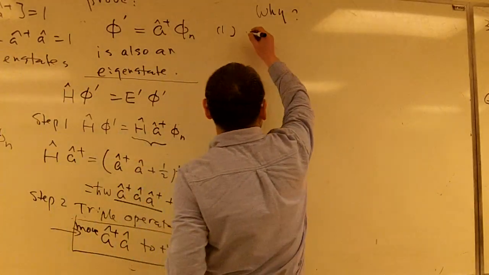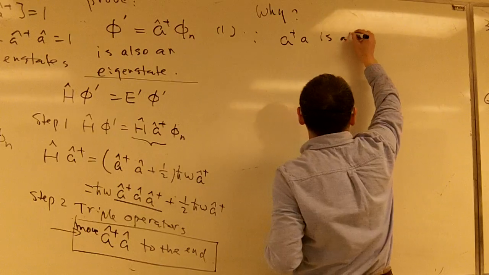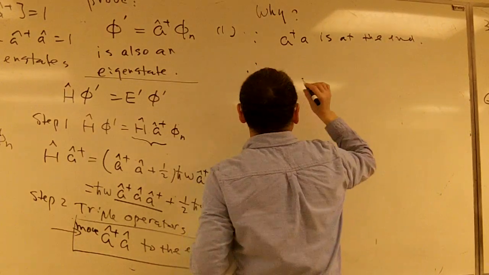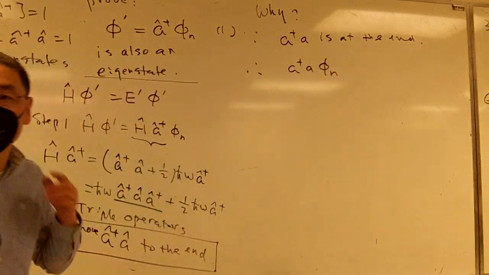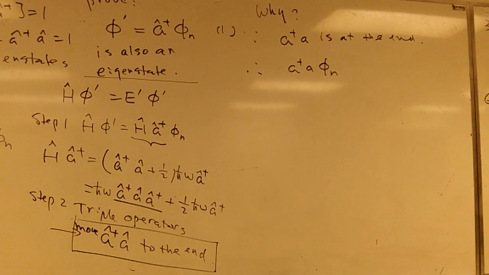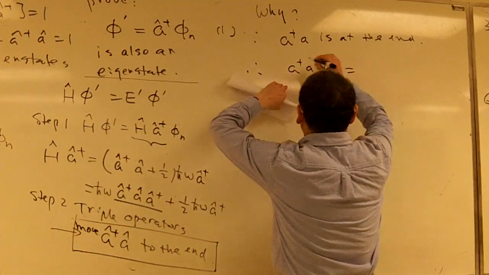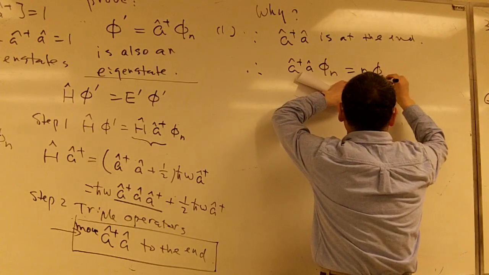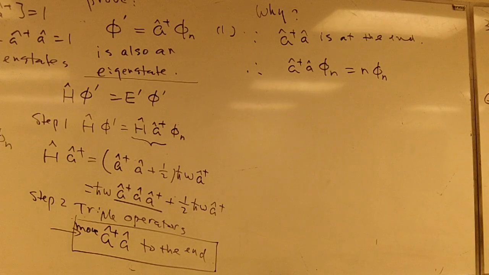Well, because if a dagger a is at the end, then a dagger a is going to directly apply to this function, because it will be at the end. Now watch carefully. This part is just equal to n phi sub n, and that n is the quantum number. Did you see the trick here?